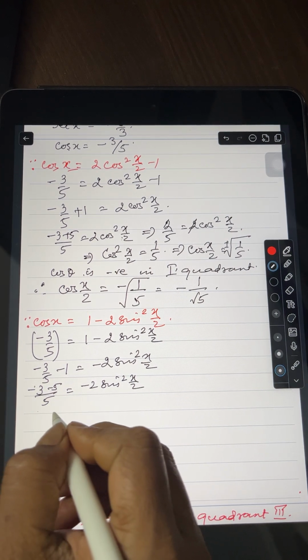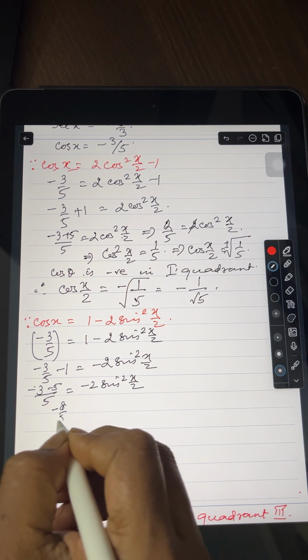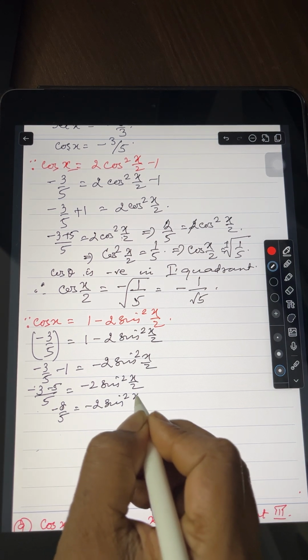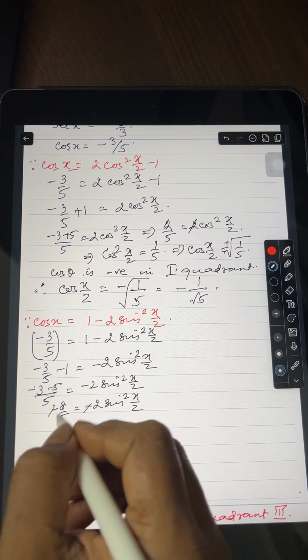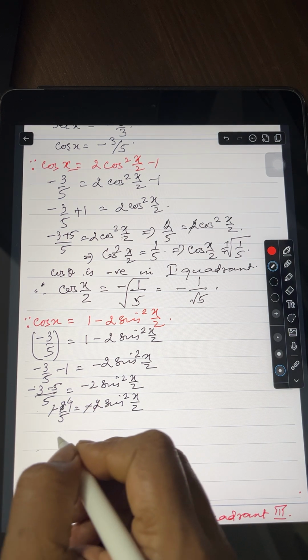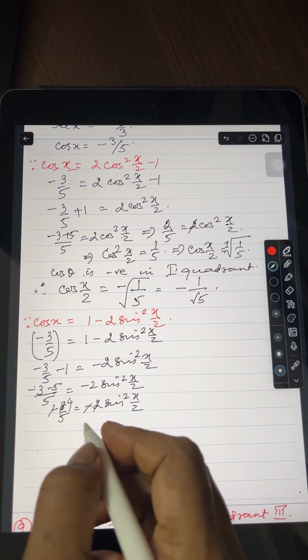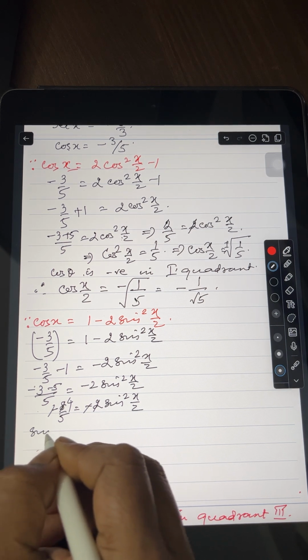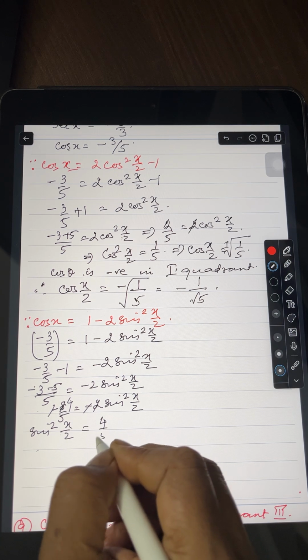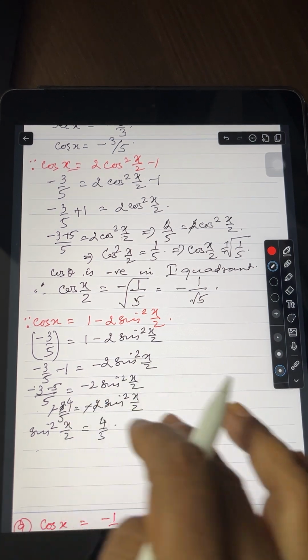So this will become minus 8 by 5 is equal to minus 2 sin square x by 2. Now cancel both of these. You can cancel this also. So 4 by 5. So sin square x by 2 is equal to 4 by 5. This is what you are getting.